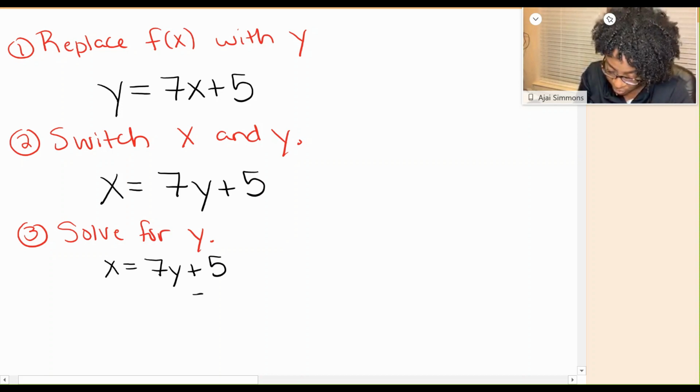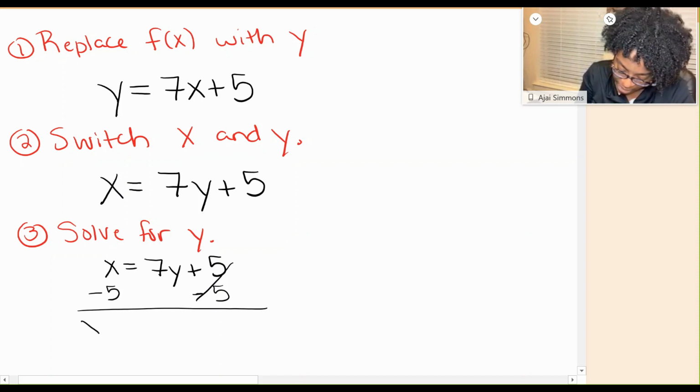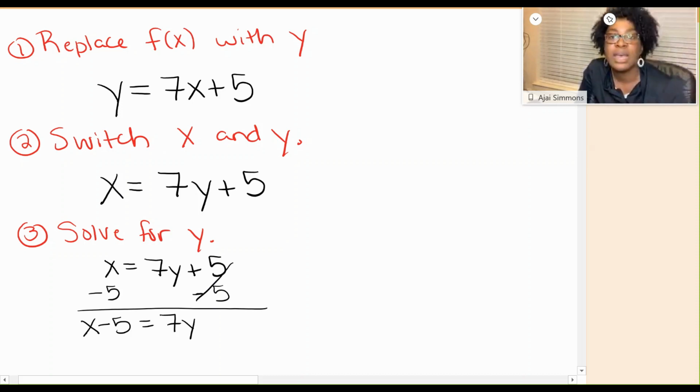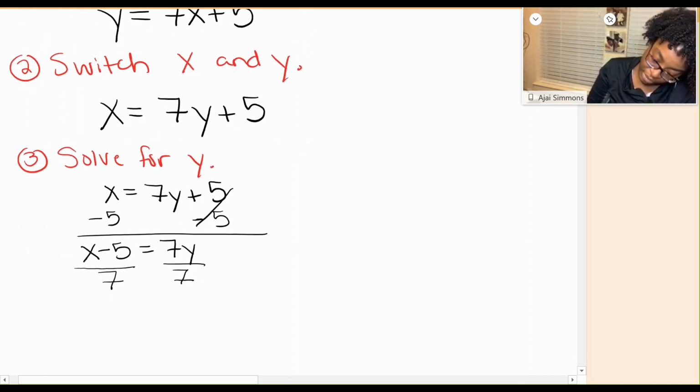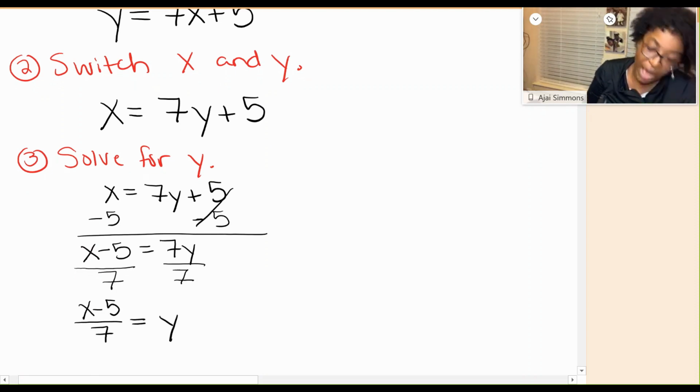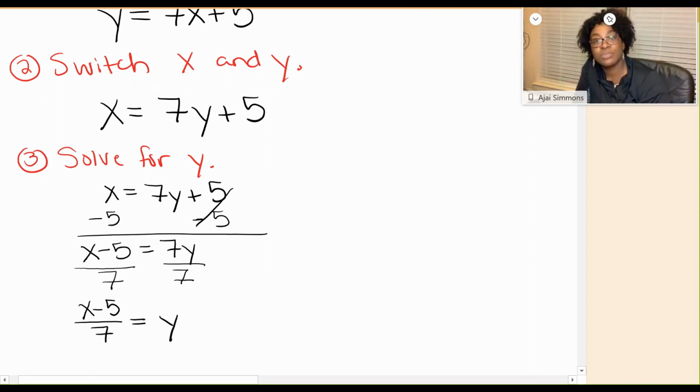So let's move the 5. x minus 5 is equal to 7y. And I have to get y by itself. So in order to do that, I have to divide by 7. And that means divide everything by 7. Okay? So I end up getting x minus 5 over 7 is equal to y. I have the y by itself. So I've done step number 3.